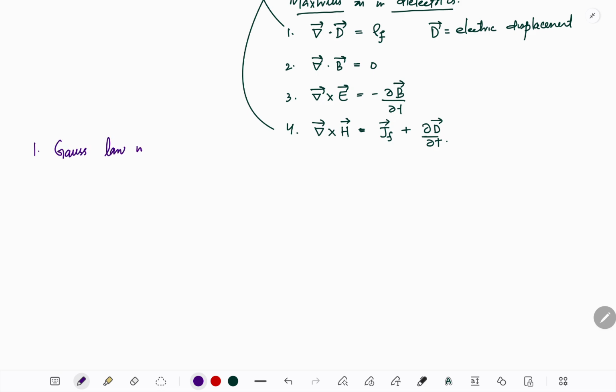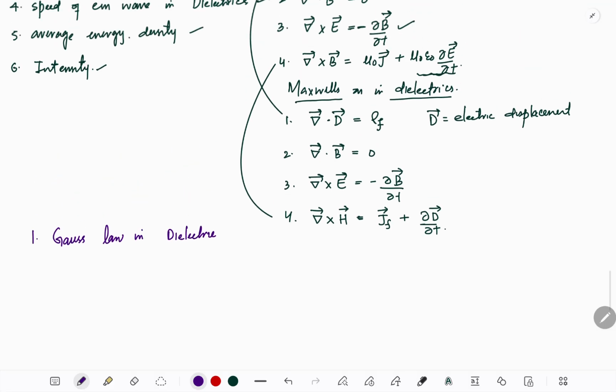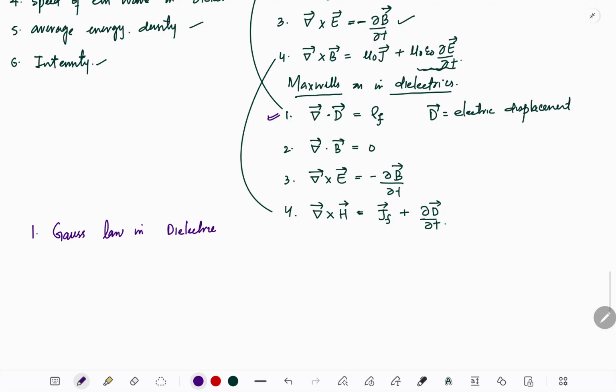This is the Gauss law, and this one is the modified Gauss law, or the Gauss law in presence of dielectrics. There are two charge densities, rho b plus rho f.